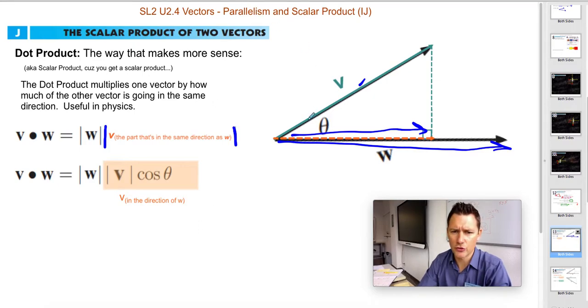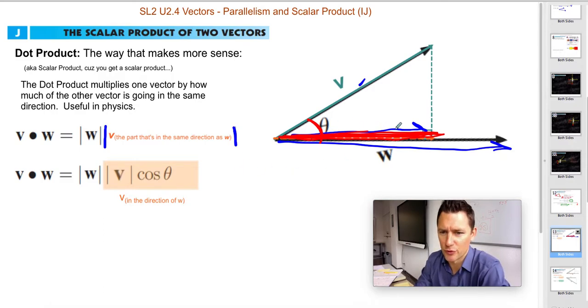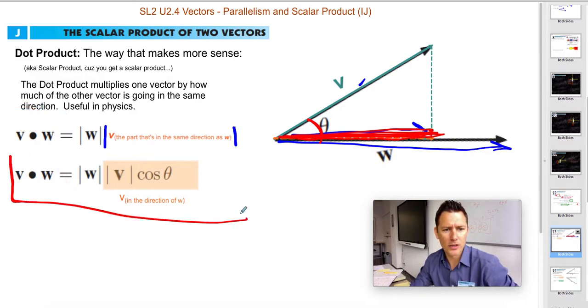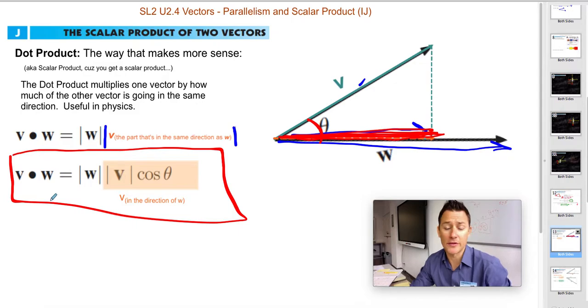Right? If you remember back to trig, V cosine of theta gives you this side, right? If this is V, this length is V cosine of theta. We can go back to some trig if that's a little fussy, but this is one way to think about the dot product, the multiplication of two vectors.